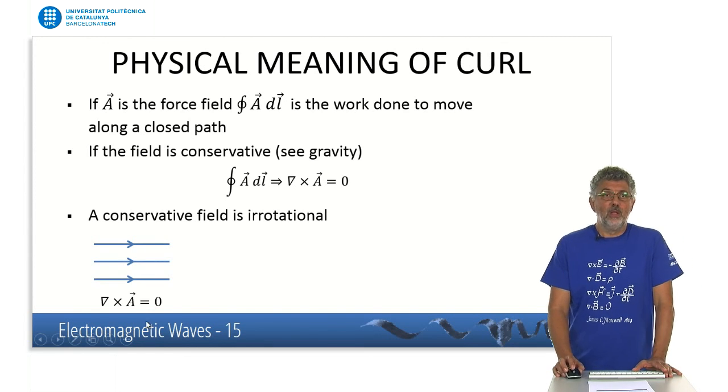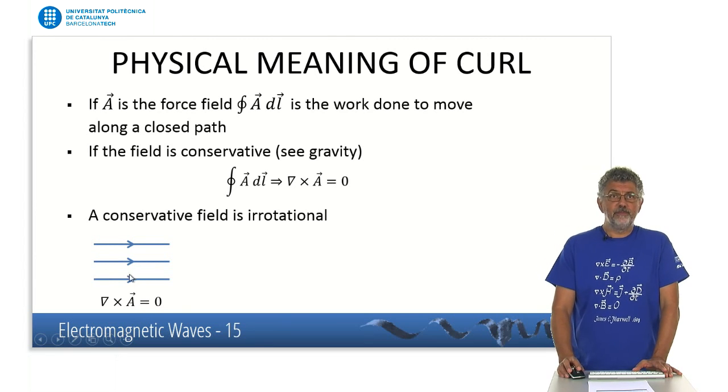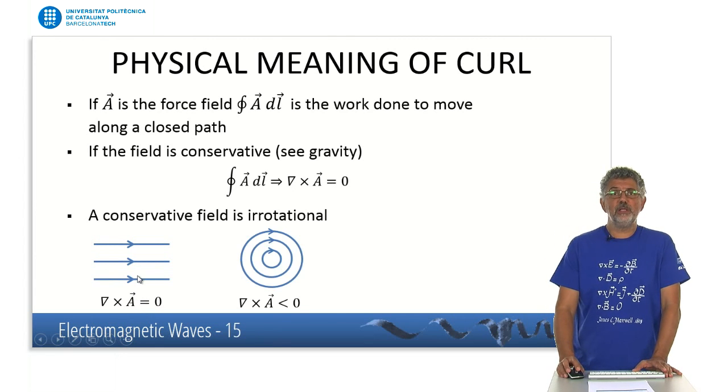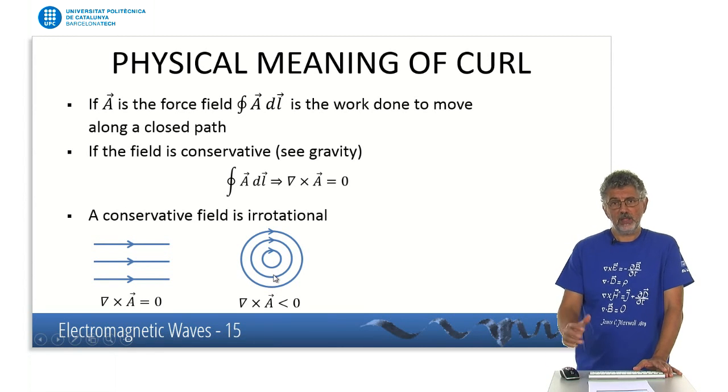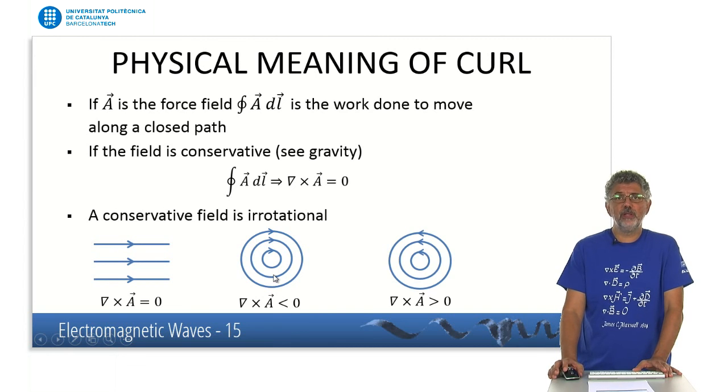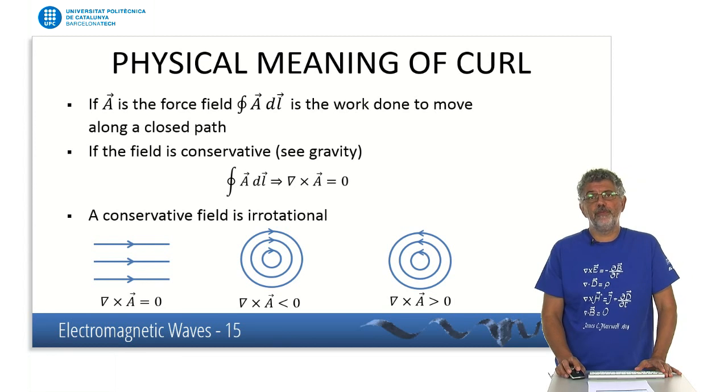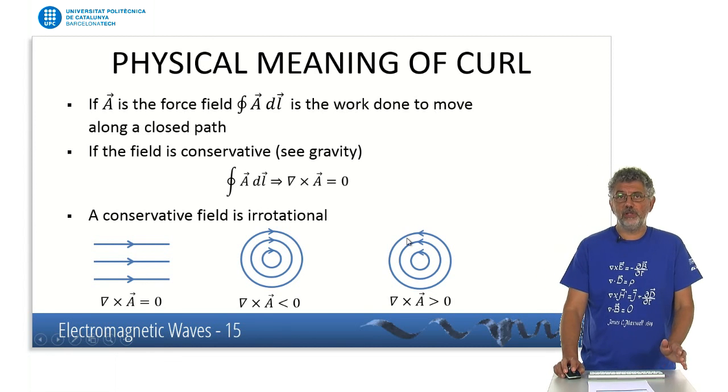Now, in that case, the rotation of this field is 0. When we have a field like this, the curl is negative, just because of the sense of rotation of the field, using our right hand rule, and in that case, the curl of the field is positive, greater than 0.